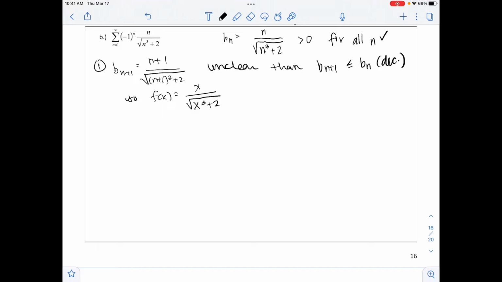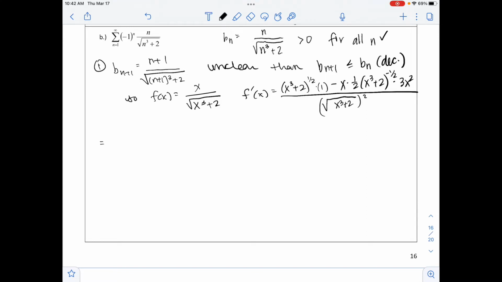And so our first derivative, using the quotient rule, chain rule, we're going to end up with a numerator of the bottom, which I'm going to write as x cubed plus 2 to the 1/2, times the derivative of the top, which is just 1, minus the top, times the derivative of the denominator, which is going to be 1/2 x cubed plus 2 to the negative 1/2, times the derivative of the inside, which is going to be 3x squared, all over the denominator squared.